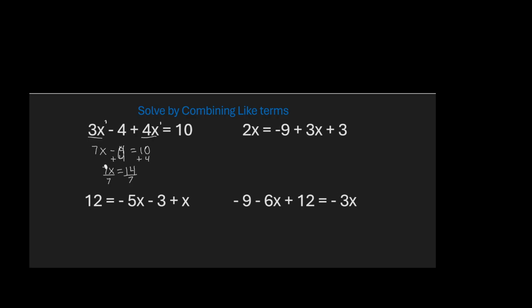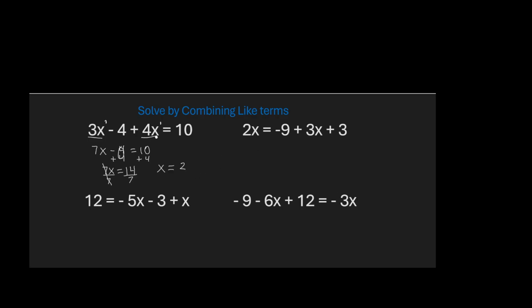Now, 7 divided by 7 is going to be 1, and 1 multiplies x. 1 times x, you're going to get x. On the other side, 14 divided by 7. So the answer is going to be 2. So x equals 2 would be the answer on this one.